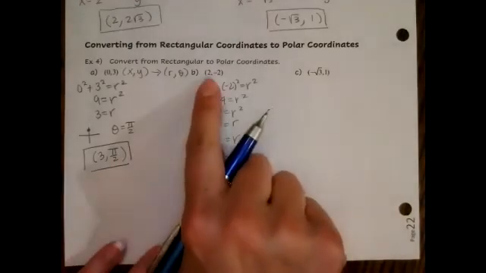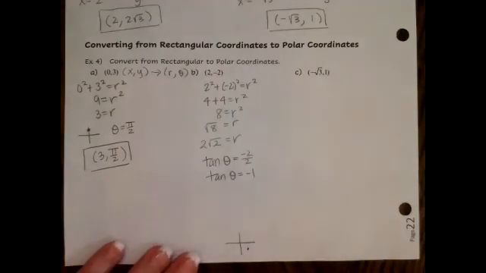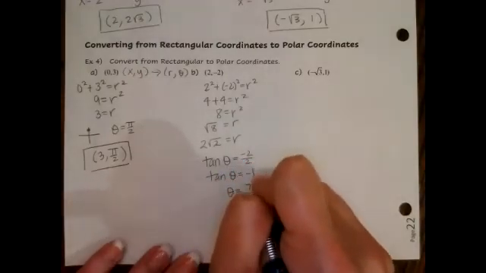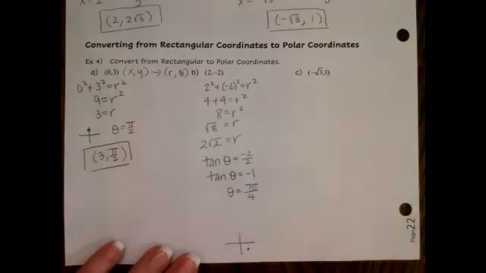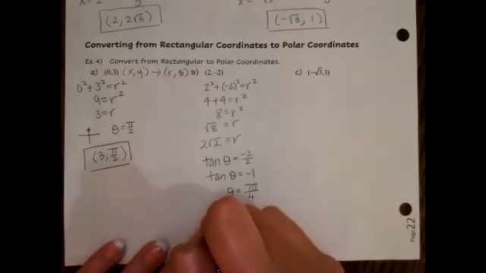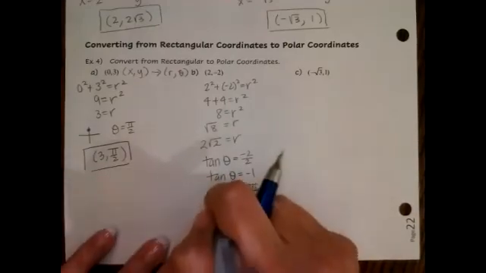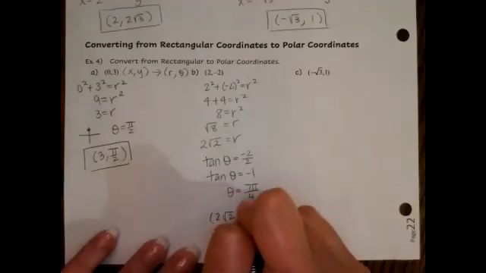And so if we think about this point right here, 2, -2, that point's in the fourth quadrant. So we need the one in the fourth quadrant, which is 7 pi over 4. That is the angle that would give me a tangent value of -1. And so our ordered pair here would be 2 root 2, and then 7 pi over 4.